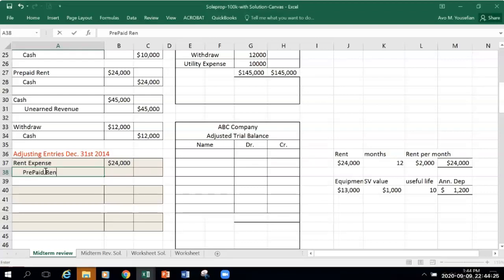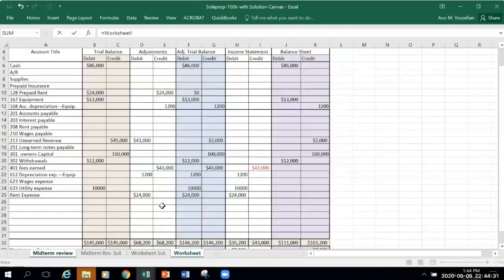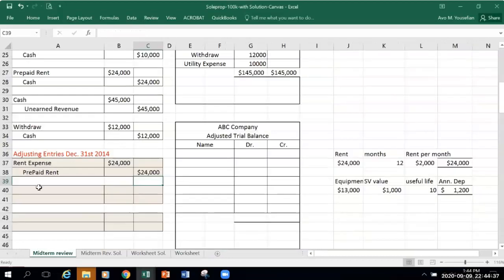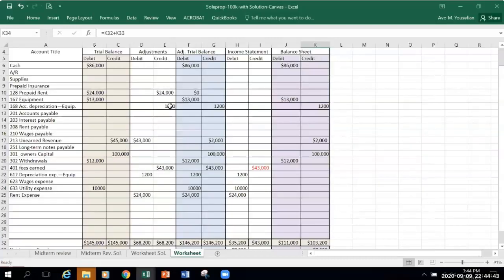It should be credited, so equals, go to the worksheet, and that's the prepaid rent credit, enter. And the other one, I forgot, so let's look at it. The other one is accumulated depreciation credit and depreciation expense debit. So let's do it.